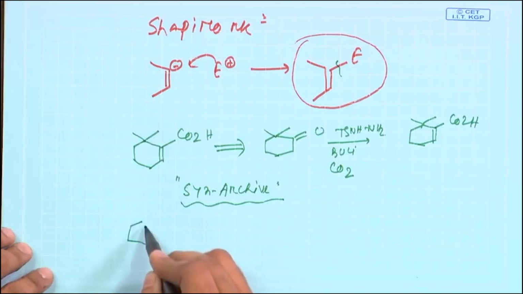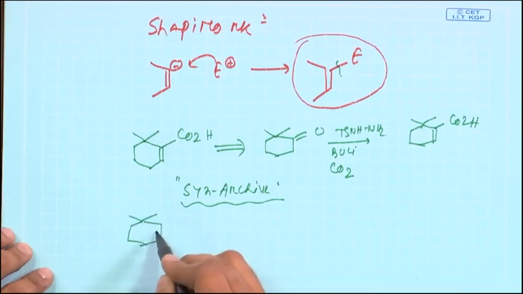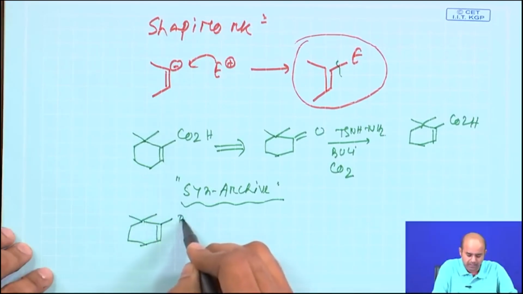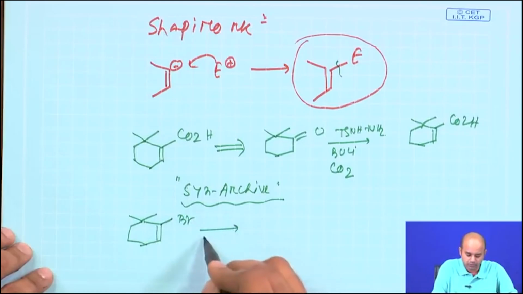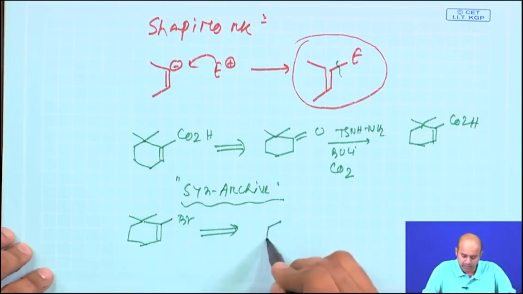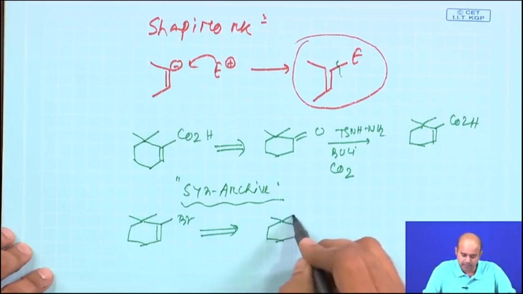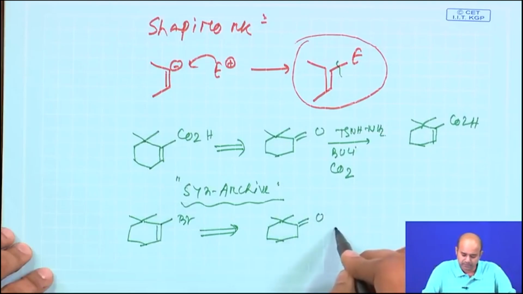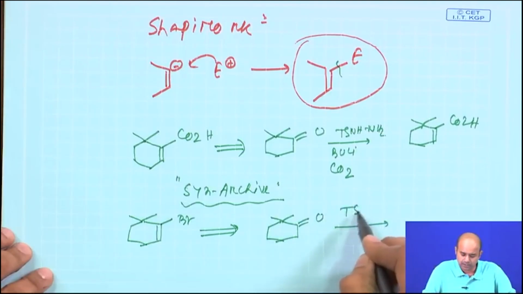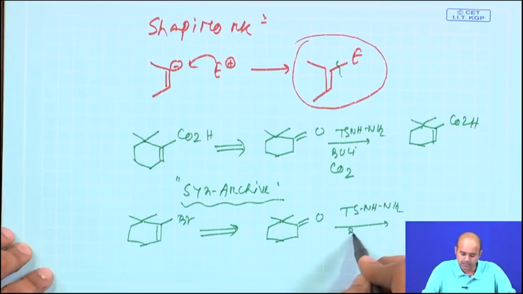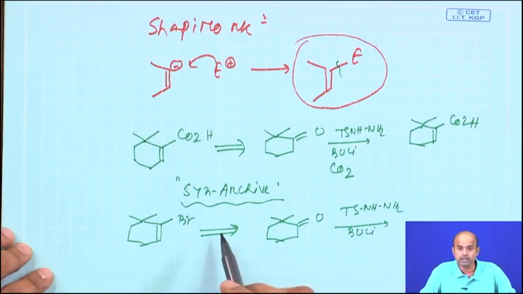Even for other compounds, like if you need to make a vinylic bromide, what you do is take this starting material and react it with tosyl hydrazine and butyl lithium. Now, what you need is bromine as an electrophile.